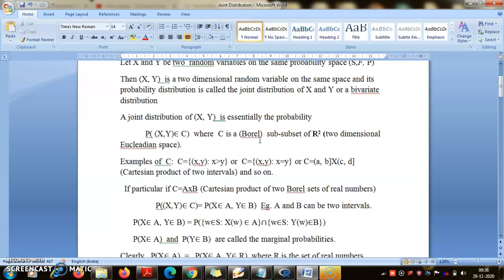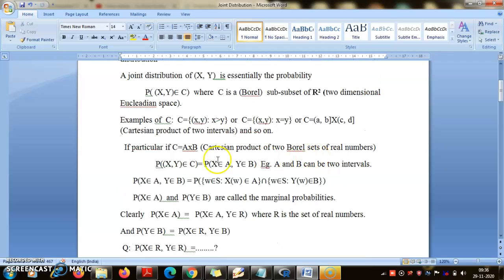I will not get into all that, but just for the sake of correctness, I have mentioned this Borel subset here. Basically, we are concerned about probability distribution involving two random variables where (X, Y) are in some set C, where C is a subset or a part of the two-dimensional plane or the two-dimensional Euclidean space.